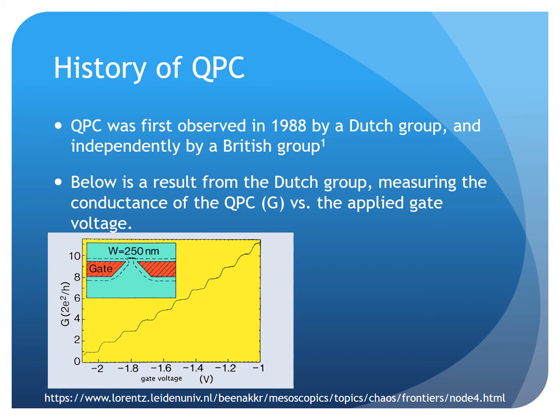And as you can see, the conductance is quantized, and there's a step at each particular point. And also, if you look at the width of the confinement, you'll notice that it's about 250 nanometers, which is small enough to have this sort of confinement effect happen, which is probably why it didn't come about till much later on, because they had to fabricate something with that small of a width.